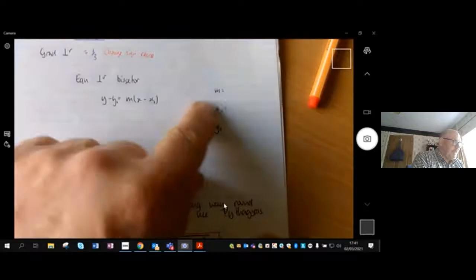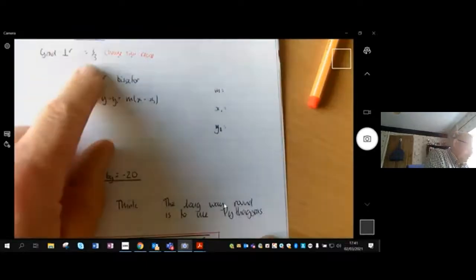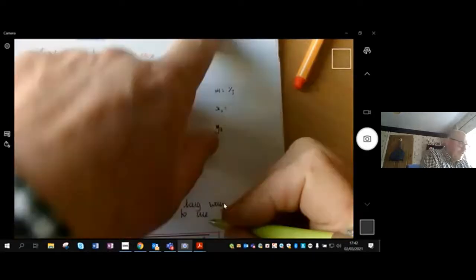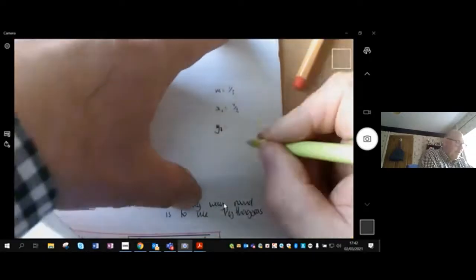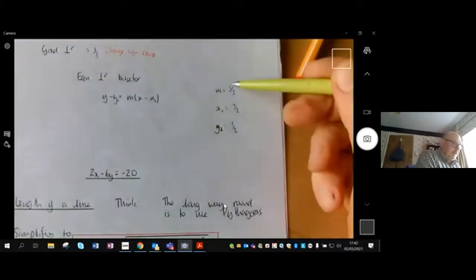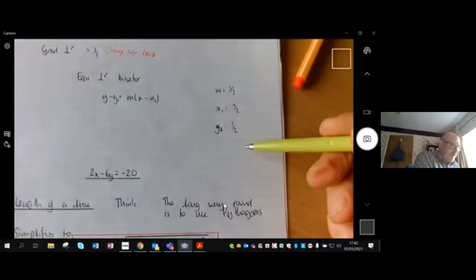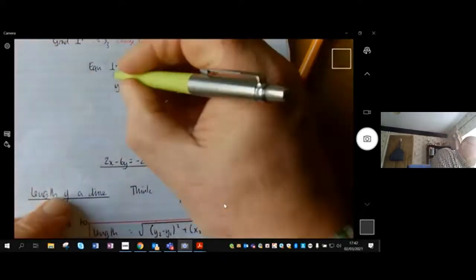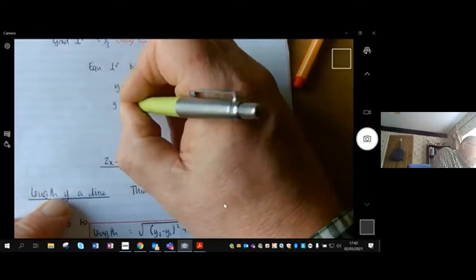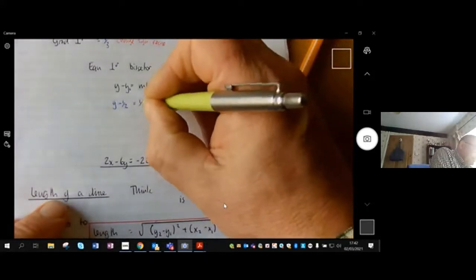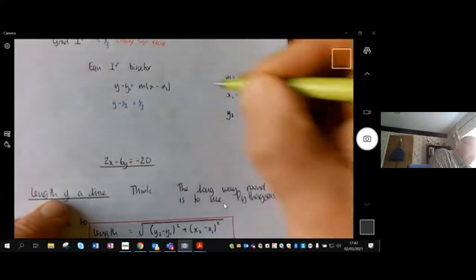The gradient is 1/3. My x1 is 7 over 2. My y1 is 1/2. Okay, so again, same idea, get your bits in place, you're not going to make a mistake. y minus y1 is y minus 1/2 equals 1/3 x minus 7 over 2.